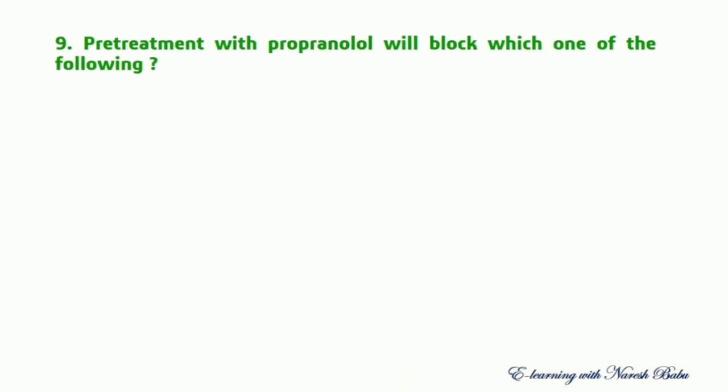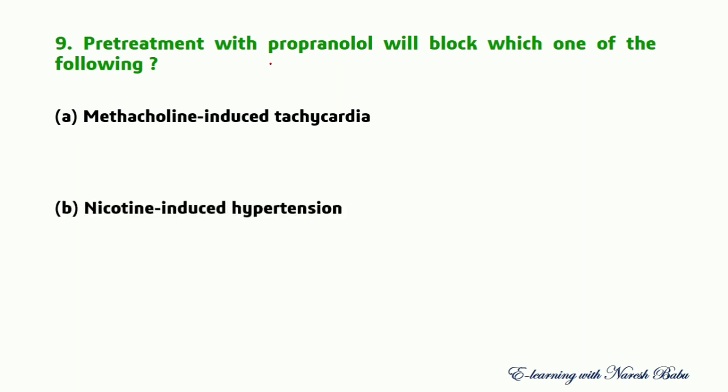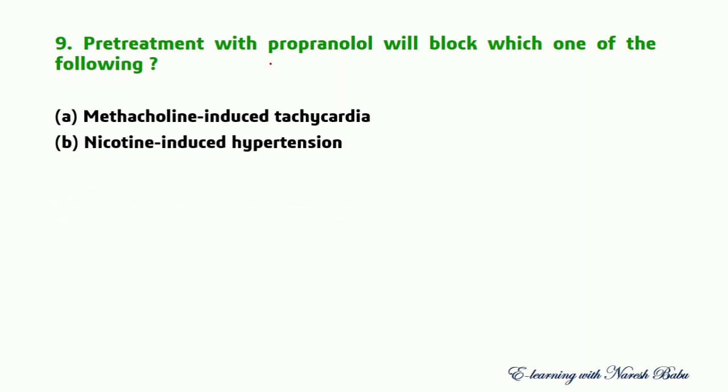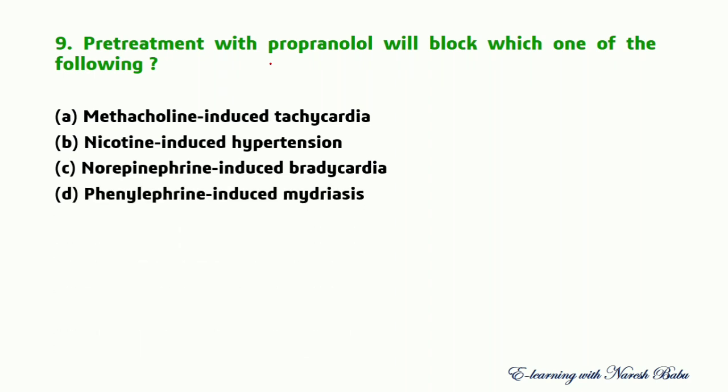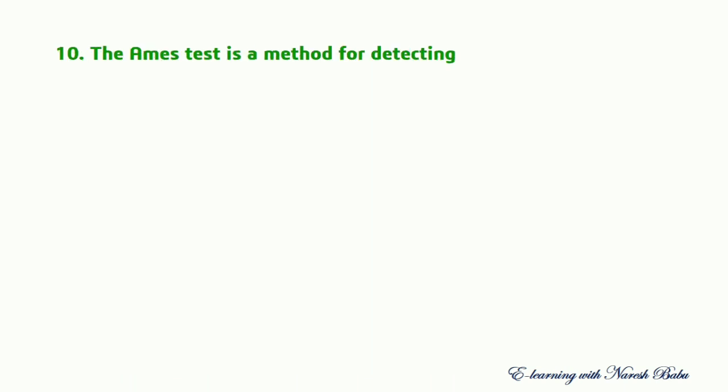So next question, the pre-treatment with propranolol will block which of the following? Among the options, methacholine induced tachycardia, nicotine induced hypertension, norepinephrine induced bradycardia, phenylephrine induced mydriasis, the answer is that propranolol will block methacholine induced tachycardia.